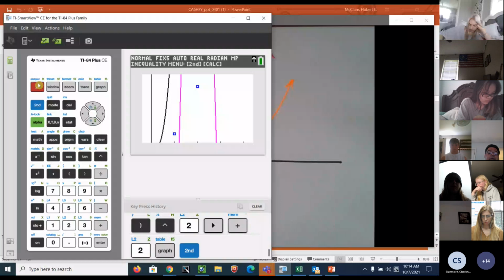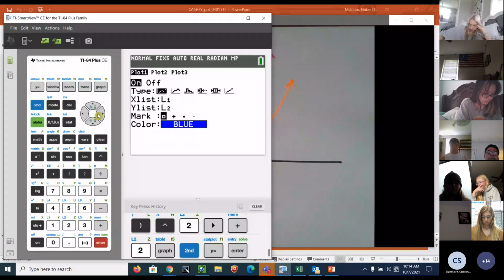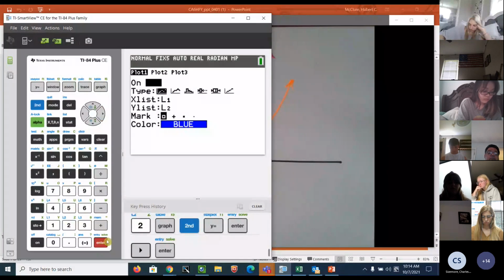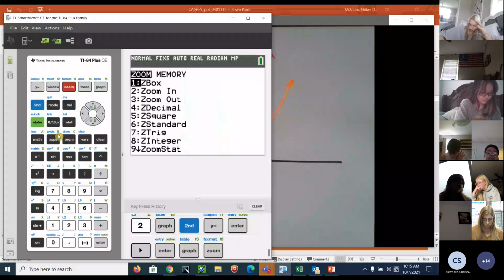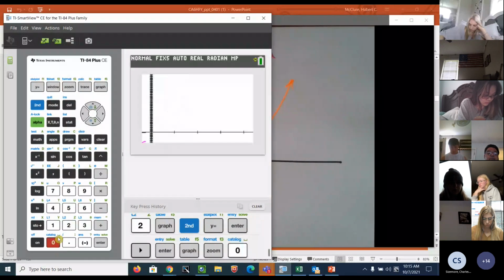Second stat plot, turn it off. Now hit graph. And now I'm going to hit zoom fit. Zoom fit is 0.